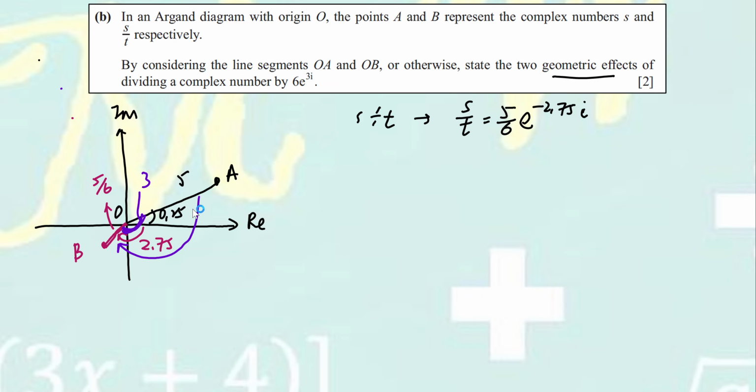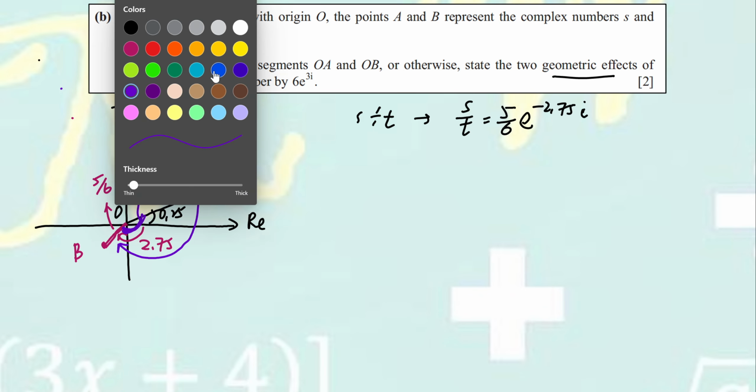And A to B is a clockwise rotation. So that is the first.